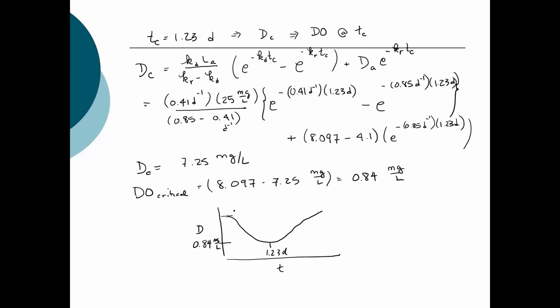And we can also look at the deficit, and shown here is the deficit at 7.25 milligrams per liter, and that's assuming that the river is at 8.097 milligrams per liter saturation.